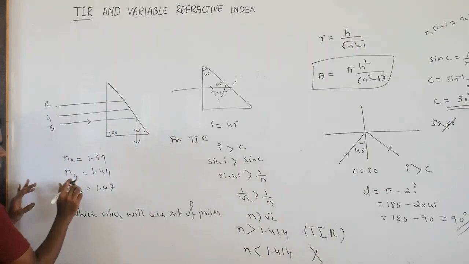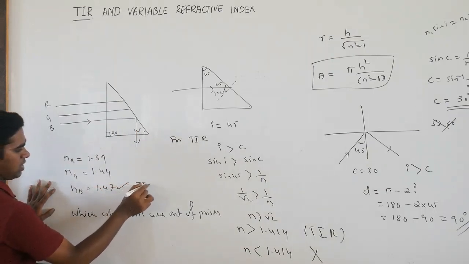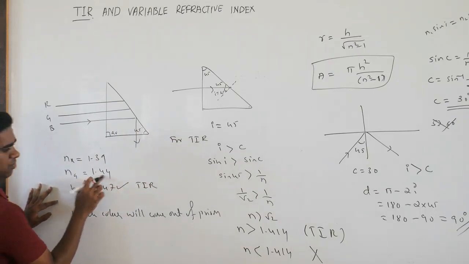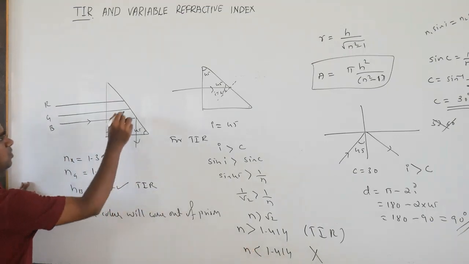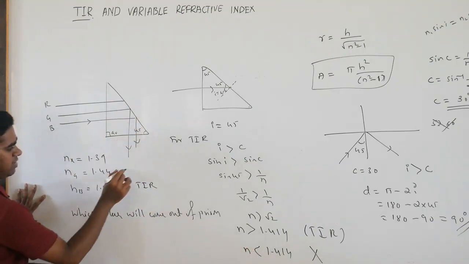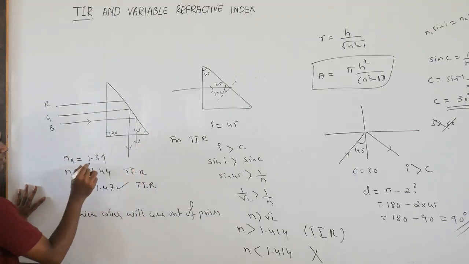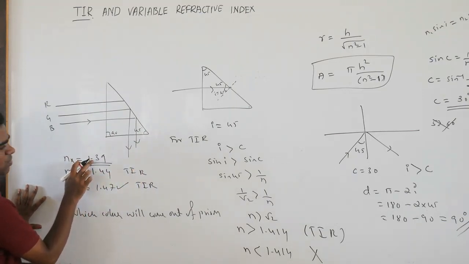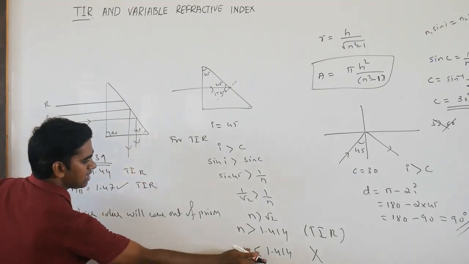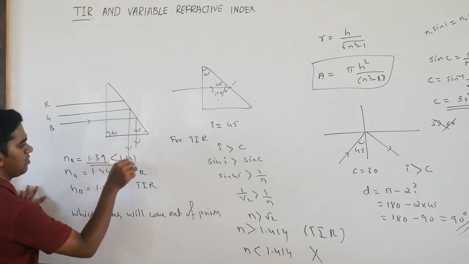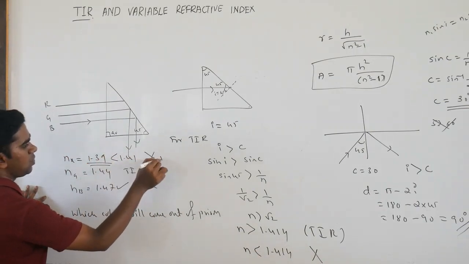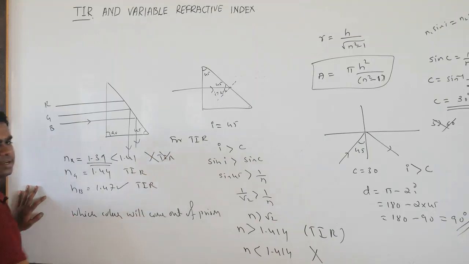Similarly, for green, 1.44 is greater than 1.41, so green will also get TIR. If you take red light, the refractive index is 1.39, which is less than 1.41, so there is no total internal reflection.